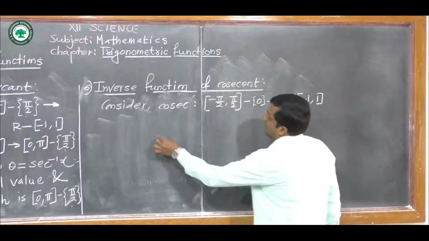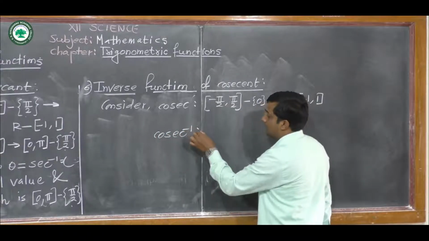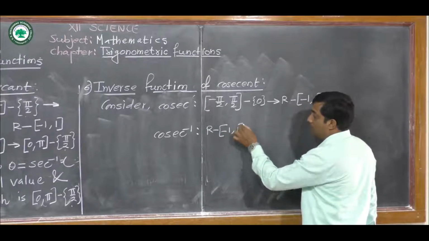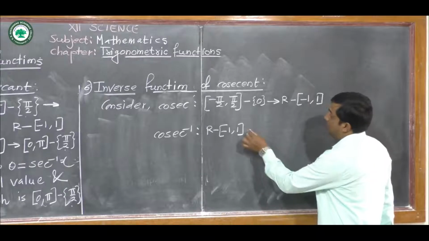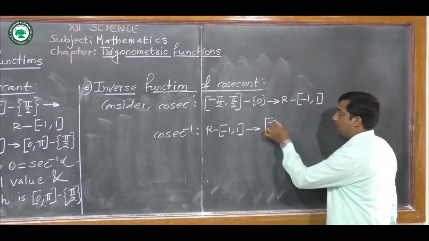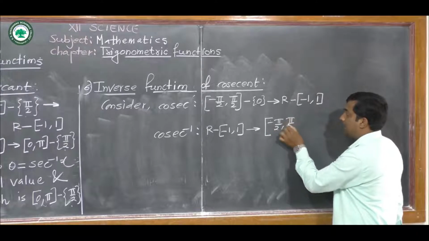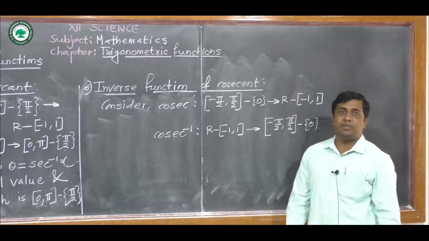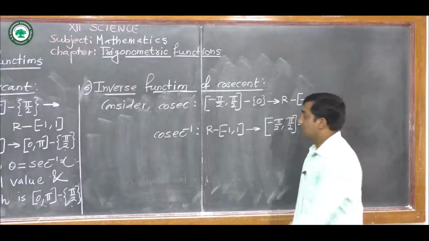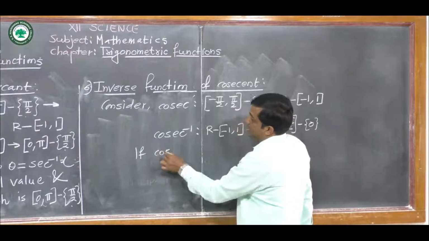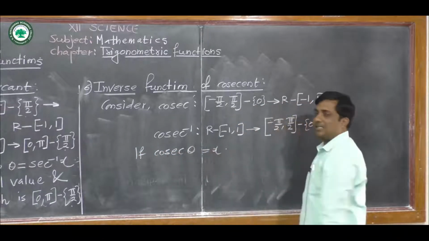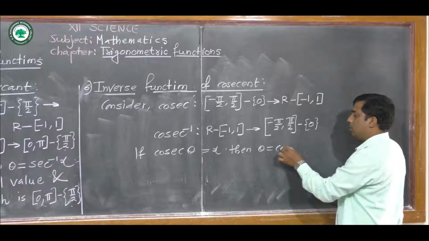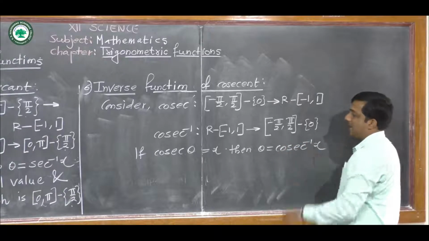We define cosec inverse as a function from R minus the closed interval minus 1 to 1 to the closed interval minus pi by 2 to pi by 2 except the value 0. Now we consider cosec theta is equal to x. If cosec theta is equal to x, we say theta is equal to cosec inverse of x.